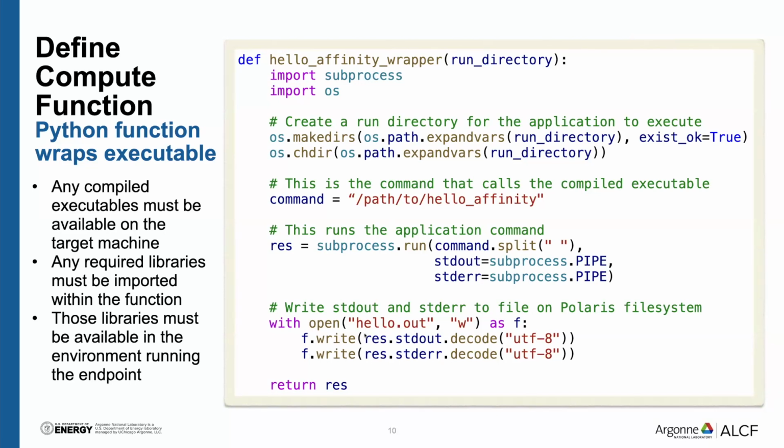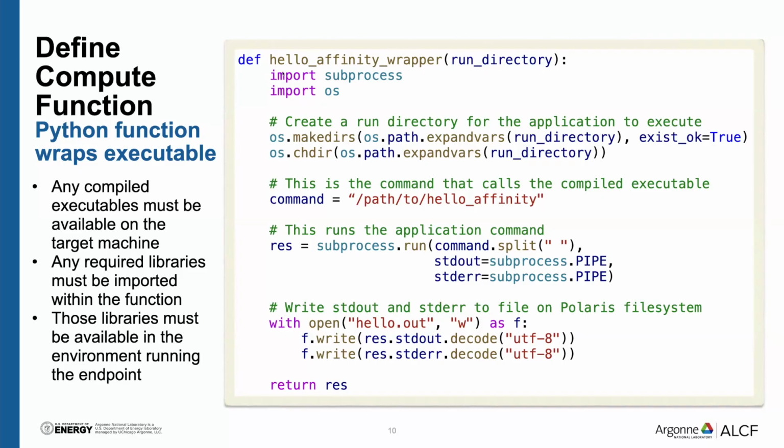One thing to point out is that any Python libraries that are required to run this function, in this case, the subprocess library and the OS library, they have to be imported within the function itself. That's very important because essentially the way this function is communicated to Polaris is it's serialized and sent through an HTTP connection through the Globus service down to your compute endpoint.